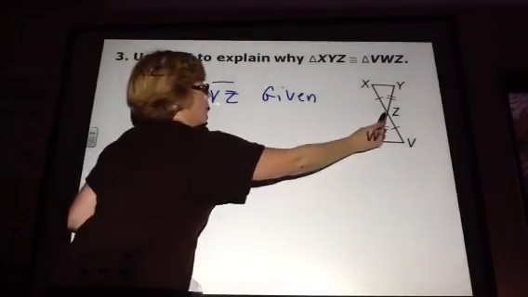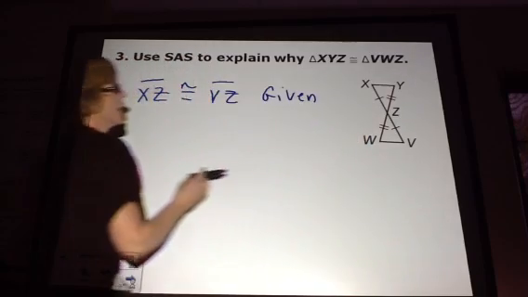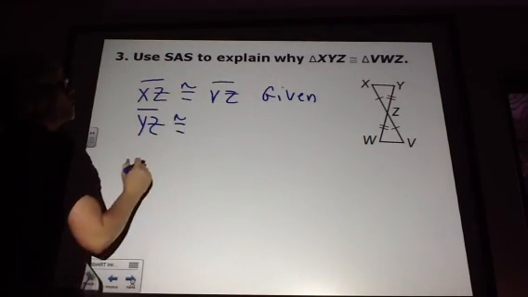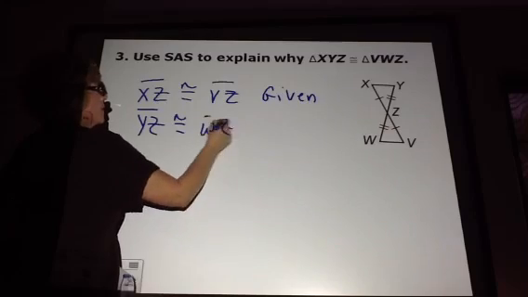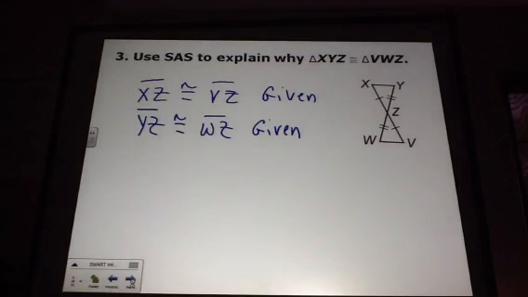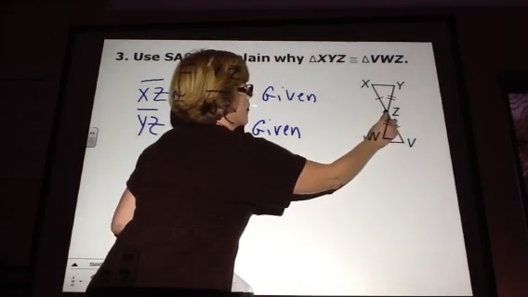We can say WZ is congruent to this segment. So YZ congruent to WZ. Okay, I've got my two sides. Now I need the included angle of these two sides right here. So I'm looking at this angle and this angle.